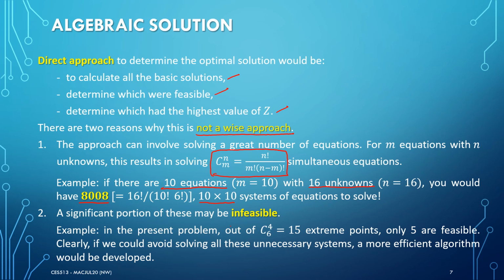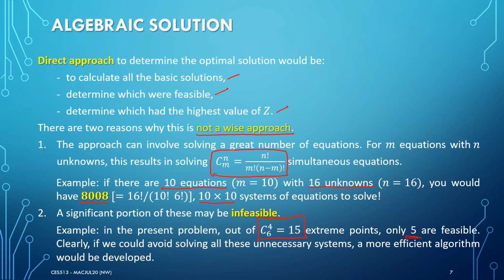The second reason is that a significant portion of these may be infeasible. For example, in the present problem, out of C(6, 4) equal to 15 extreme points, only 5 are feasible.